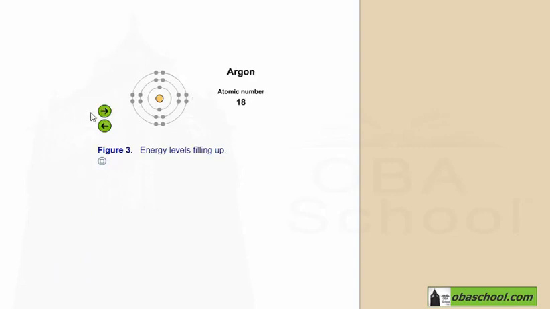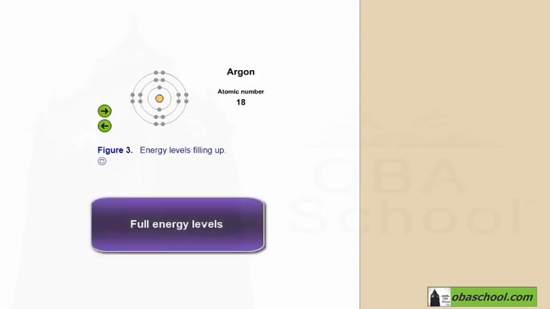Now pay attention that argon has the first 3 energy levels full, with 2 electrons in the first energy level, 8 in the second, and 8 in the third outermost energy level. Argon is another special element with 18 total electrons and 8 electrons filling the outermost shell, number 3.